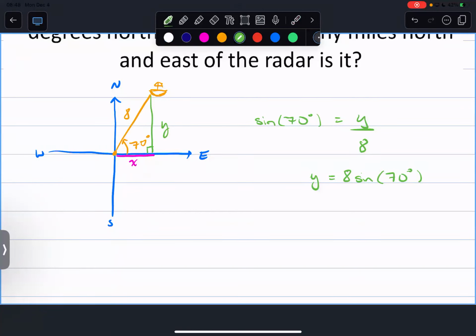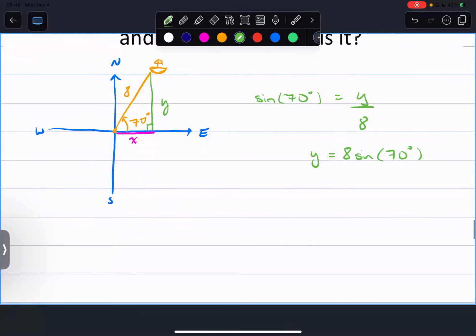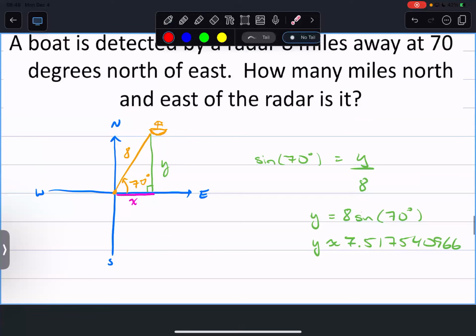Or you could have jumped straight there from y equals r sine theta, but I just skipped that. Now, 8 sine 70, making sure you're in degree mode. I get roughly 7.517540966, which means it's roughly 7.5 miles north.